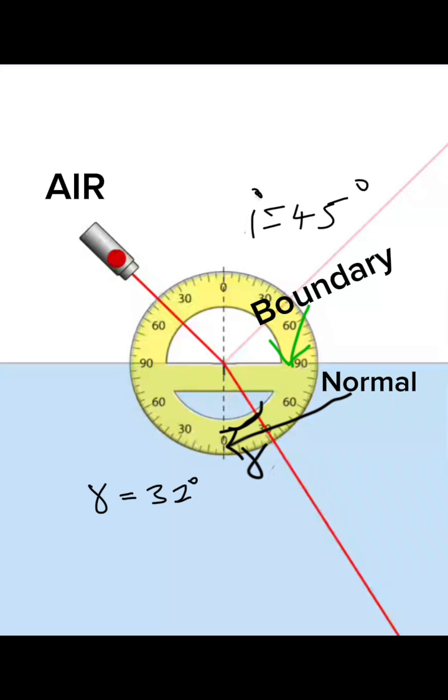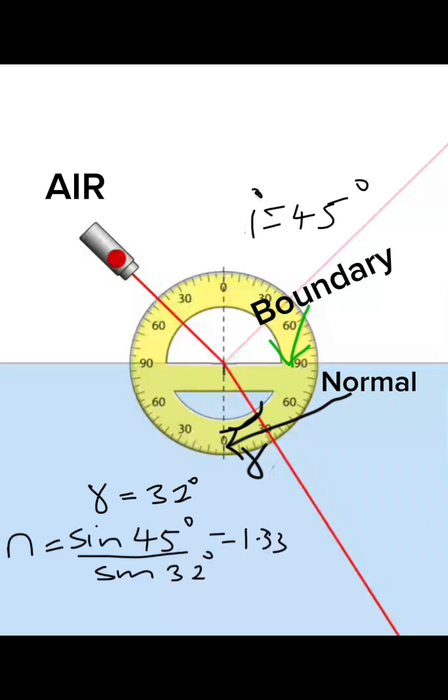We use sine 45 degrees divided by sine 32 degrees, and that gives us 1.334. So the refractive index of the second medium, water, is 1.334.